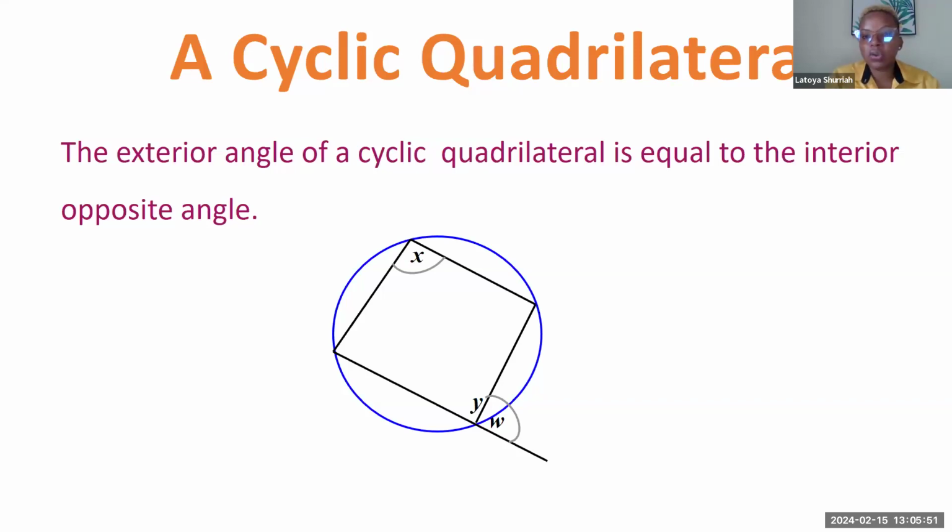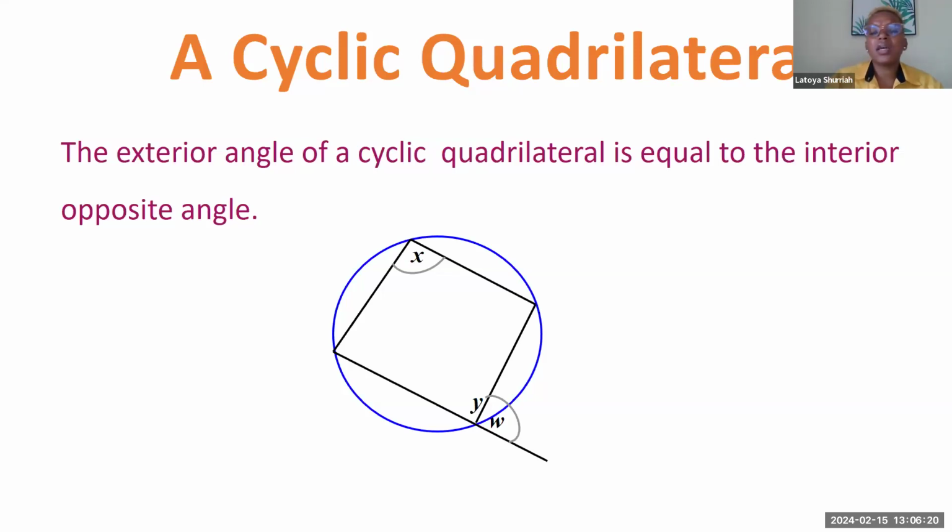Now, I want you to look at the diagram on screen and tell me which letter is the exterior angle? W. Fabulous. The one outside of the quadrilateral. And then which angle would be the interior opposite angle? X. Fabulous.